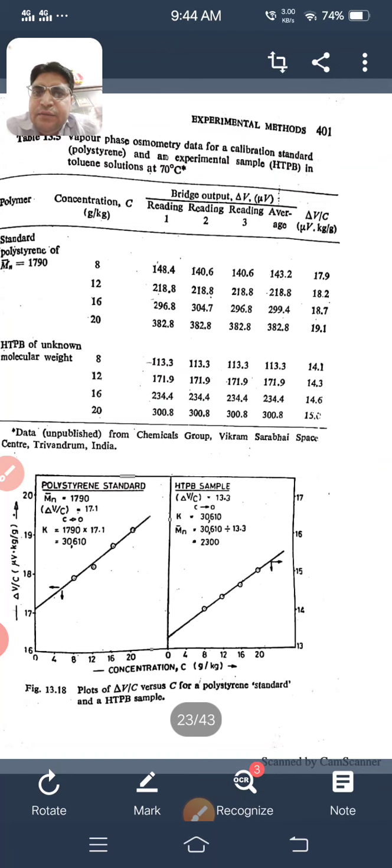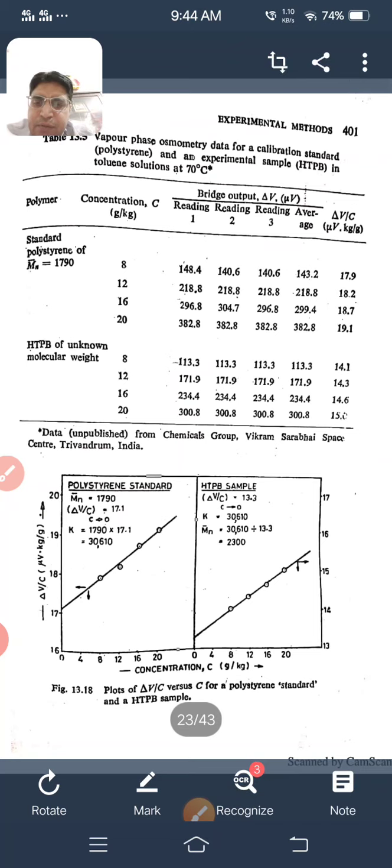Concentration is given in gram per kilogram, and this is the bridge output delta V in microvolts, the reading, and the average reading of 1, 2, 3, and this is the average value.